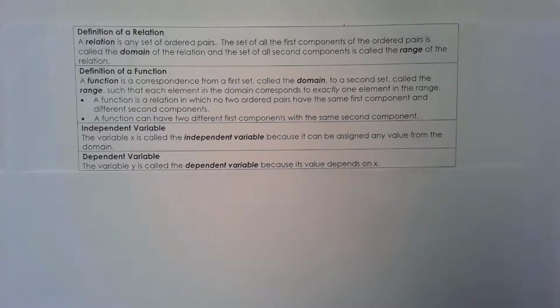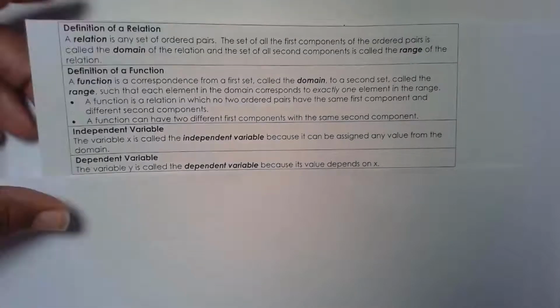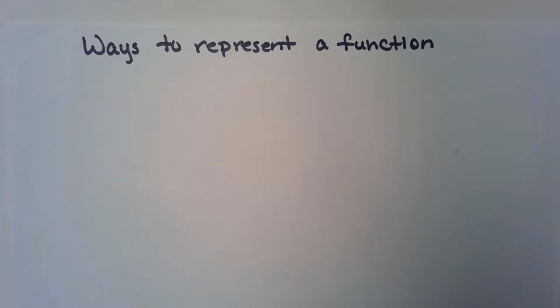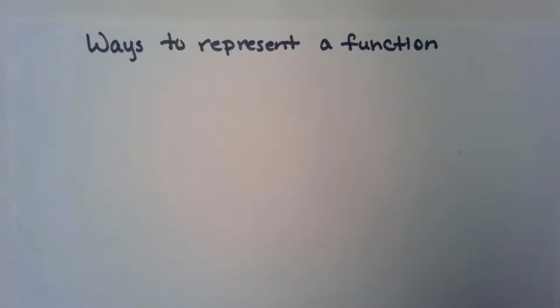So, for example, we'll go back to what's a function, but let's just look at what is a relation. And remember, a relation is a set of ordered pairs, and there are ways that we can represent that relation.